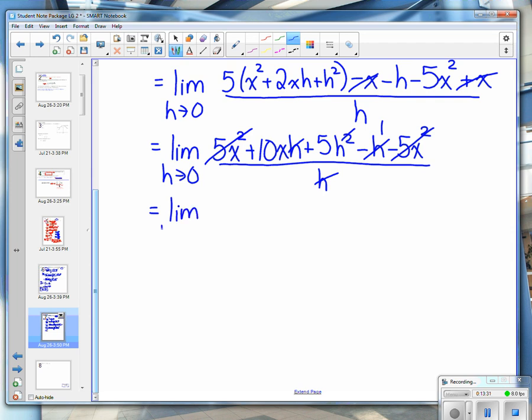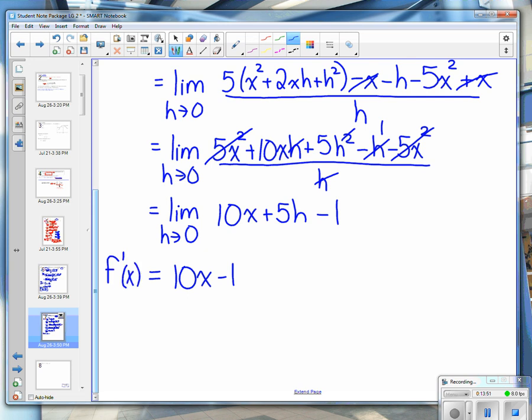The limit as h is approaching 0, we're left with 10x plus 5h minus 1. Now remember, h is equal to 0. So this is just going to become 10x minus 1. And that, recall guys, is our slope for our derivative formula. Okay? So that's the first step.